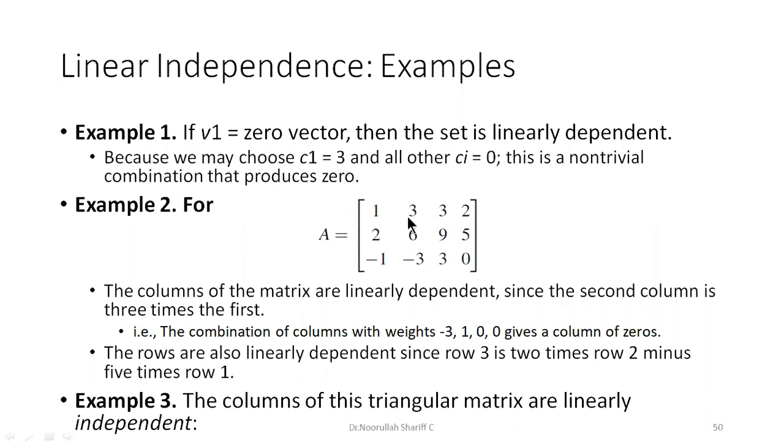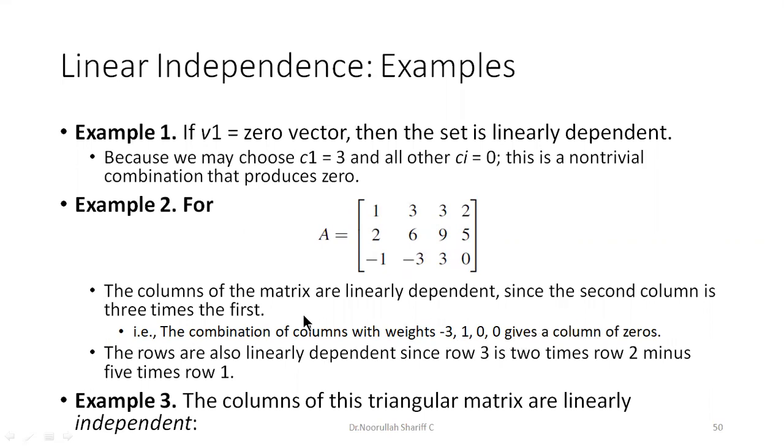So therefore, you will not have linear independence. They will be linearly dependent because we have one column as a multiple of another. So the combination of the columns with weights -3, 1, 0, 0 gives a column of zeros.